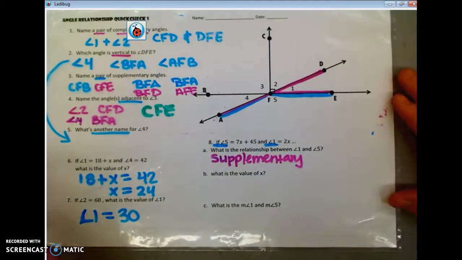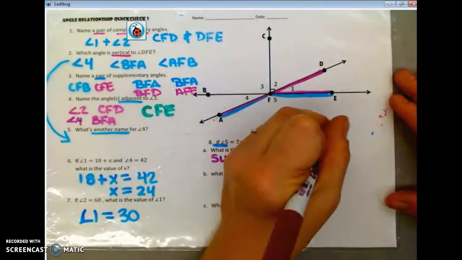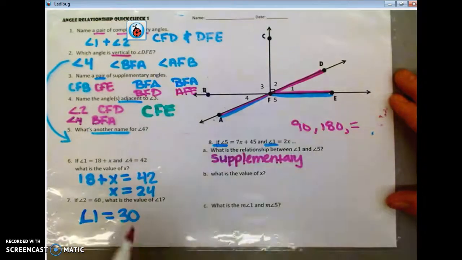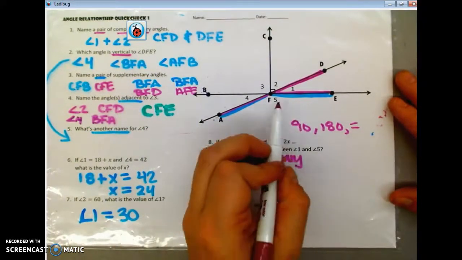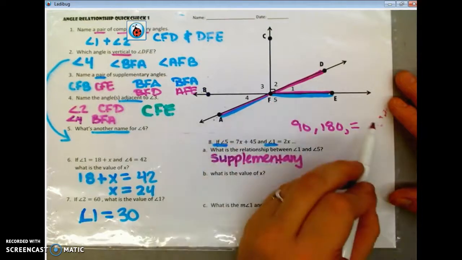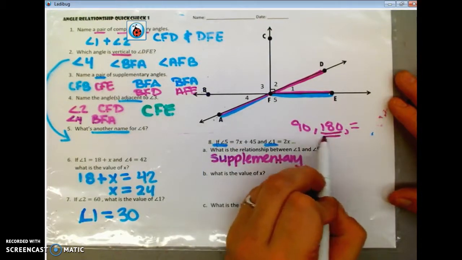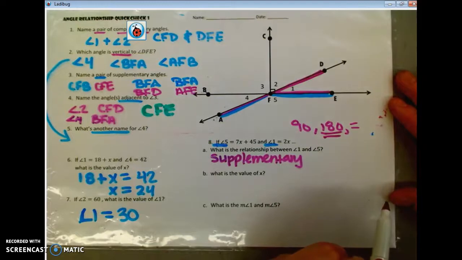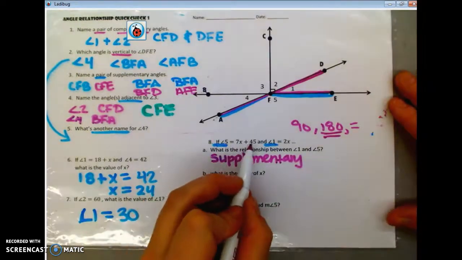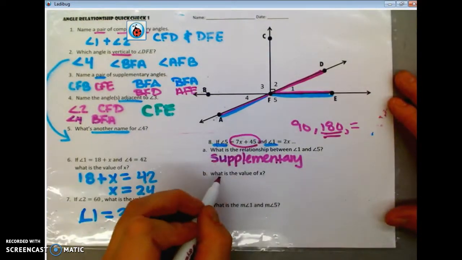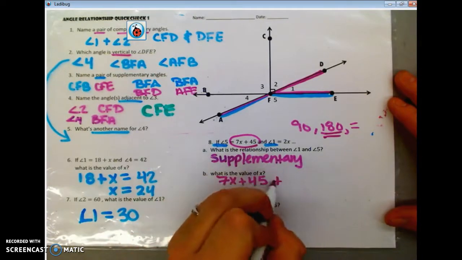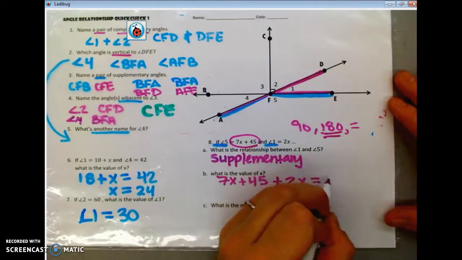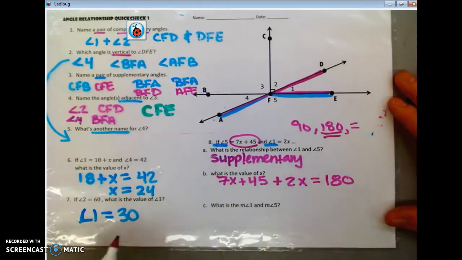Another way to look at it again, remember, it's a 90, a 180, or equal to relationship. They don't have the square, so it's not 90. This one is obtuse and this one's acute, so they can't be equal to each other. So it must be a 180 relationship. So if they add up to 180, we have 7x plus 45 plus 2x equals 180 degrees.